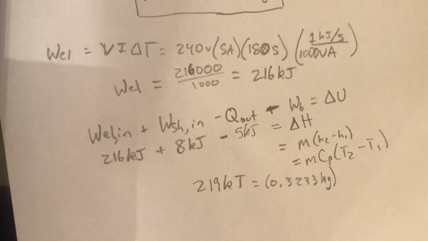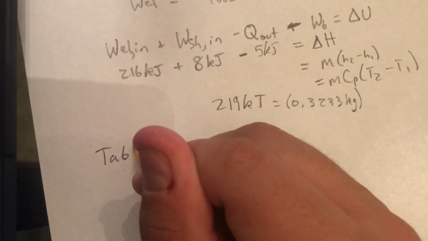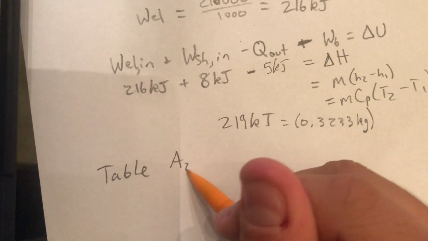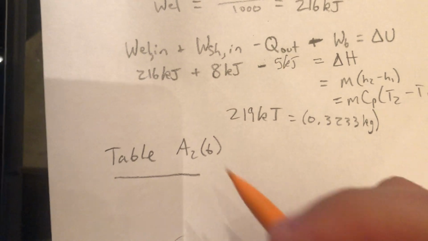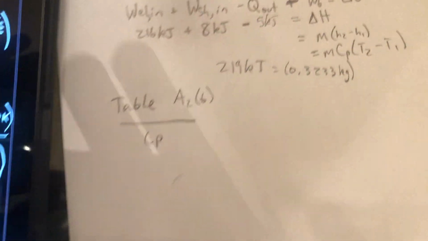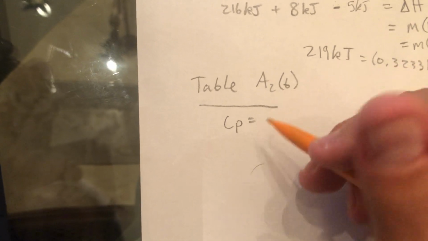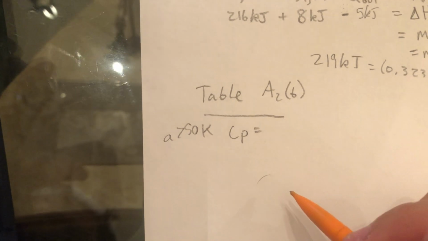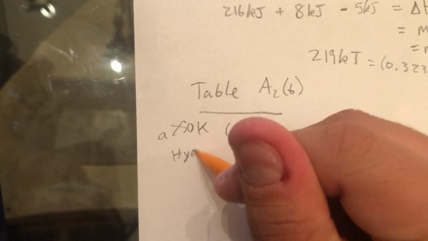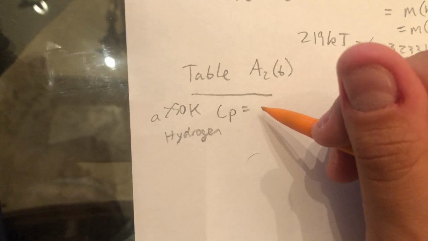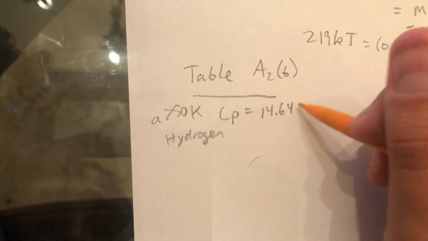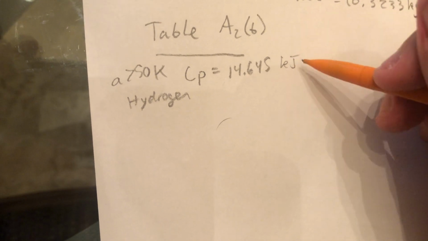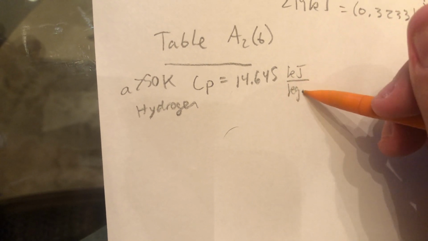In table A2B, Cp at 750 Kelvin for hydrogen is equal to 14.645 kilojoules per kilogram times Kelvin.